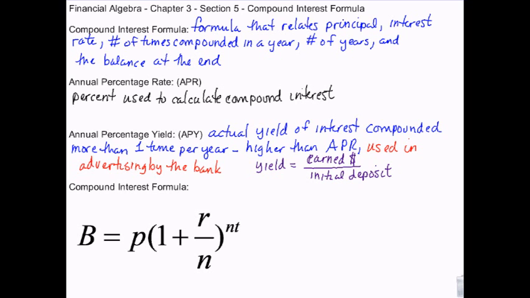Then remember I had said APR and APY, and I told you the difference? APR is the annual percentage rate. This is the percent number that's used to calculate. This is the one that gets plugged into the formula.